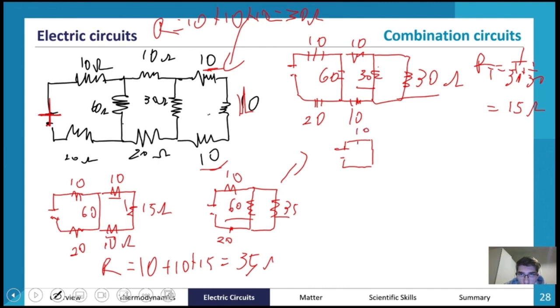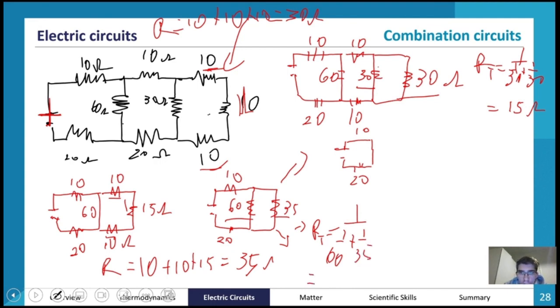You have 10 ohms at the top, 20 ohms at the bottom. What would be the total resistance between the two in parallel? It would be 1 on 1 on 60 plus 1 on 35.